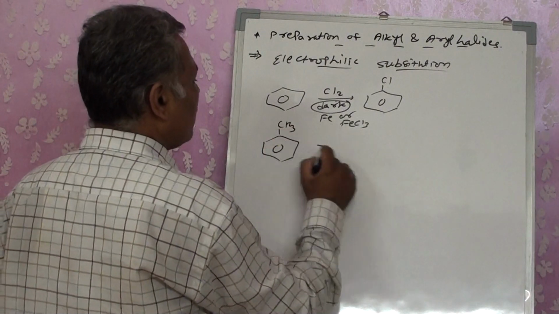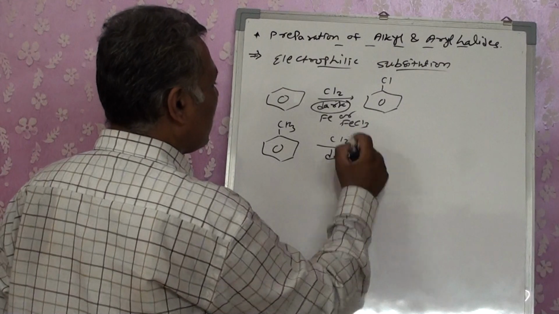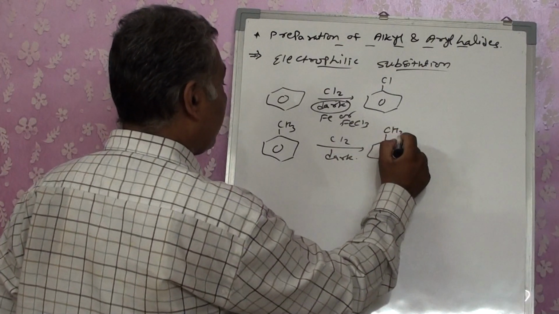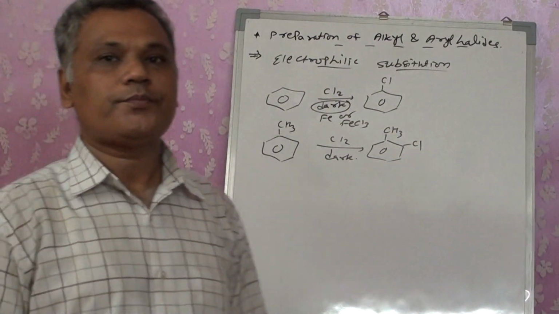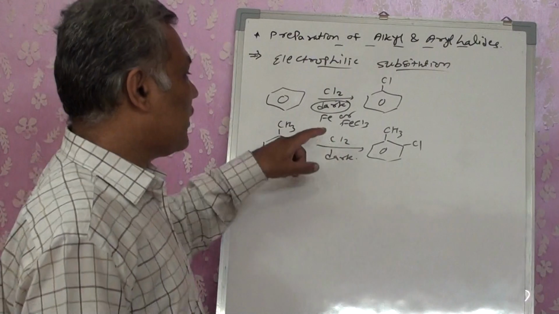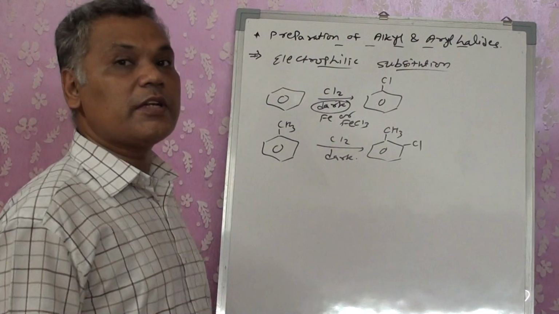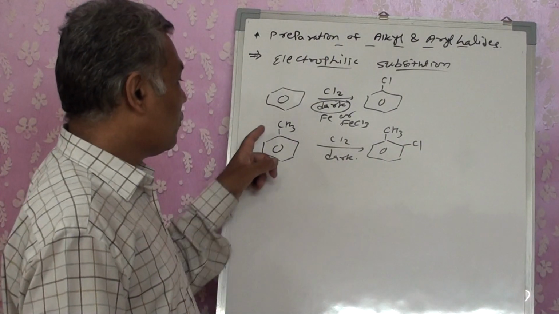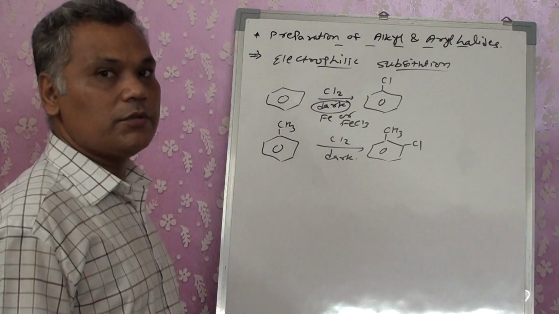If I take toluene also, then in dark or with Fe or FeCl3, we get the hydrogen of the aromatic nucleus replaced by halogen. See, if I had written the same reaction, with the only difference being sunlight over here, then what would have happened? These hydrogens wouldn't have been replaced. It would have replaced these hydrogens, right?